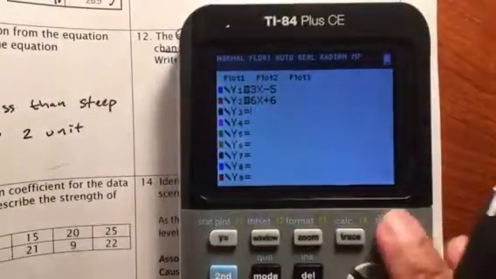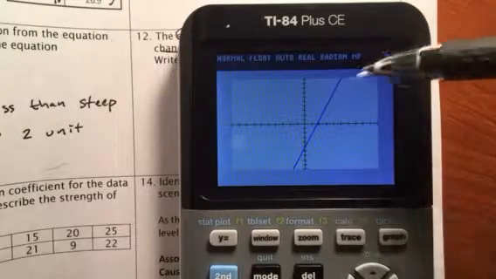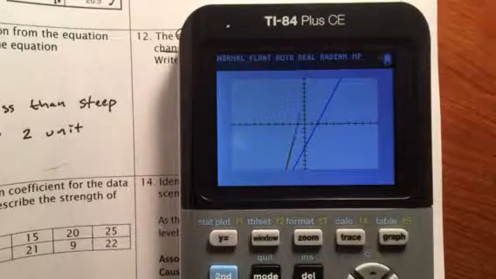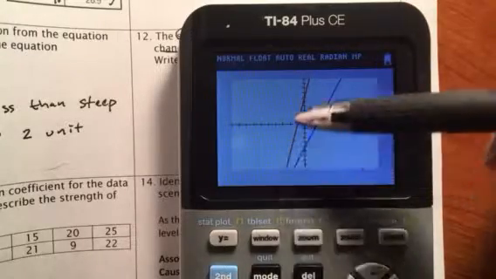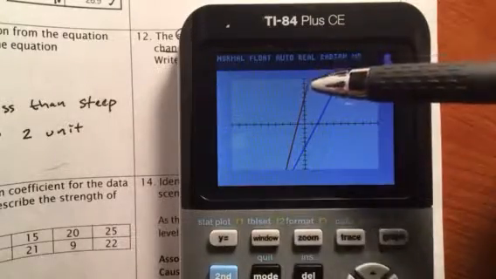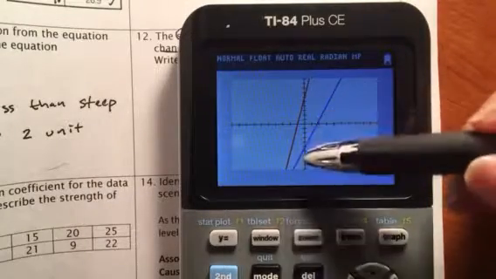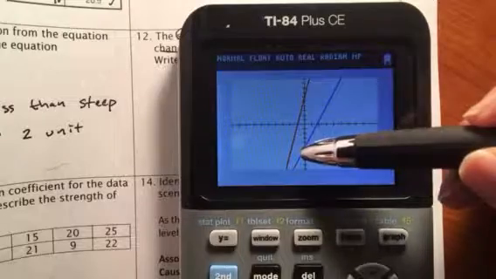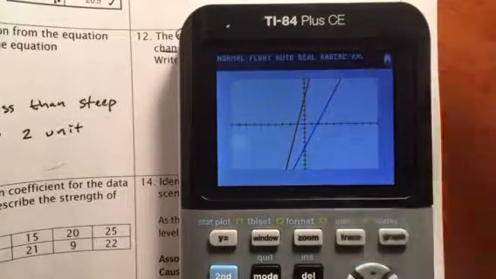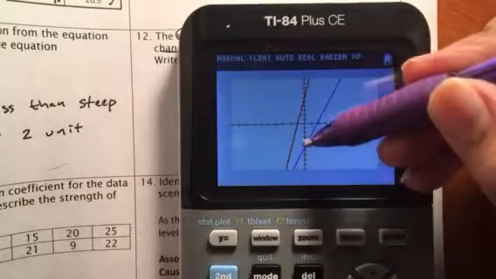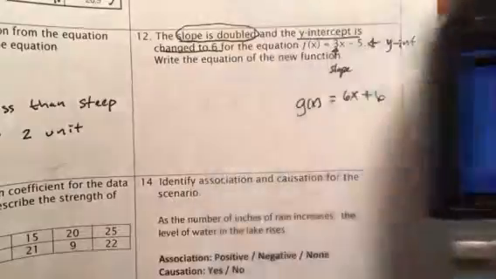Okay, so our original line is the blue one, and the new line, g of x, is the red one. So do you see how the line now goes up faster? Well, that means it got steeper, and if you look, to get from the blue to the red, it shifted up. And technically, if I count every one of these dashes on the lines, it would be 11.